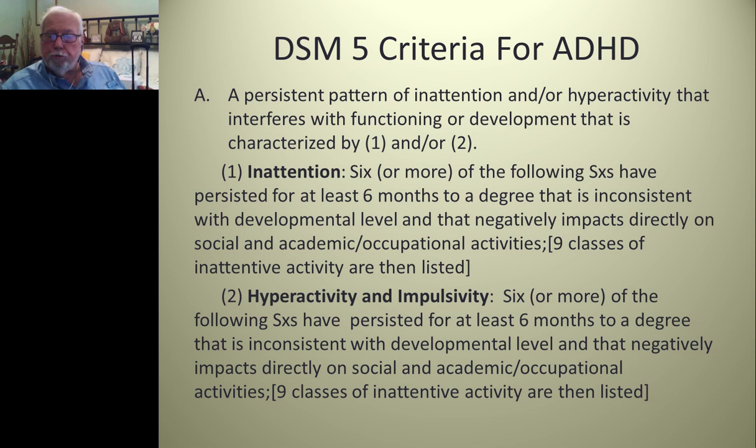And once again, it's 6 or more of the following symptoms have persisted for at least 6 months, again, so it has to be chronic, a marked period of time, to a degree that's inconsistent with developmental level. Again, consideration of developmental level is new to DSM-5 and something we argued for decades before it found its way in there. And again, that has a negative impact on social and academic or occupational activities.